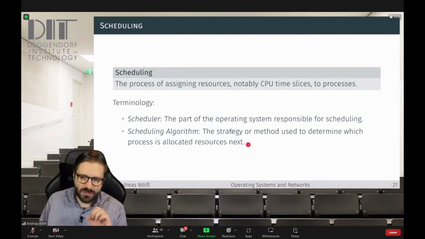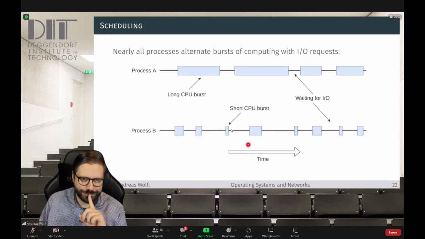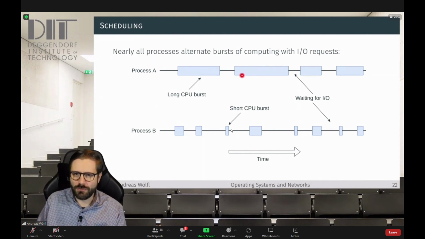But the decision on which process should get which CPU is mainly affected by these two categories of processes. We can have CPU-bound processes and we can have I/O-bound processes. In the slide here at the top, you see a CPU-bound process, where this process A requires the CPU most of its time.